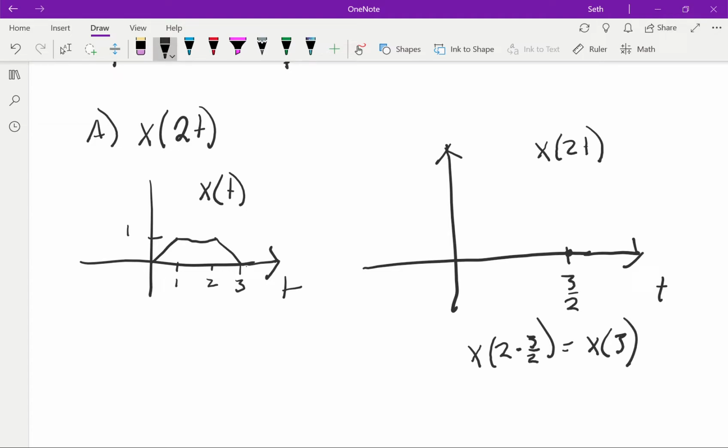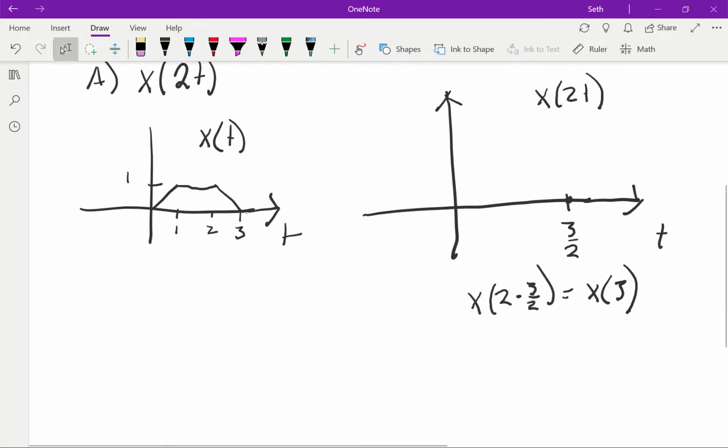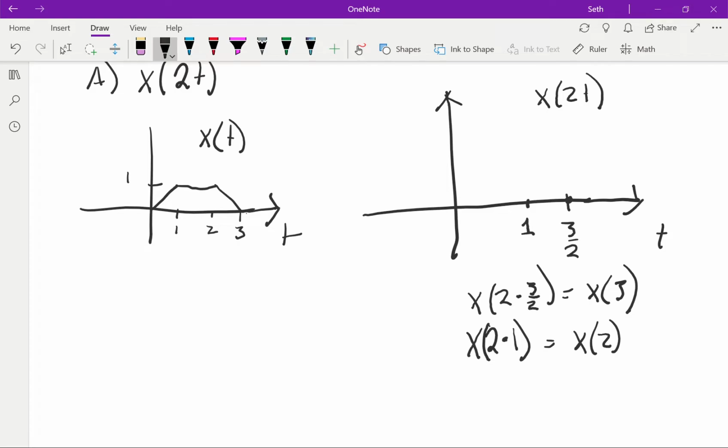in our original space. Okay, so our next point is going to be x of 2 times 1, because that gives you x of 2, which is a changing point, so it's right here, 1.